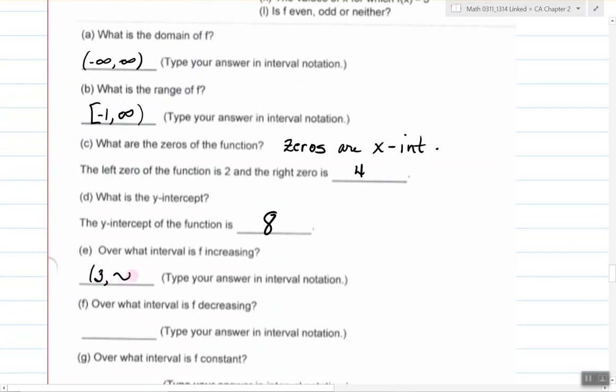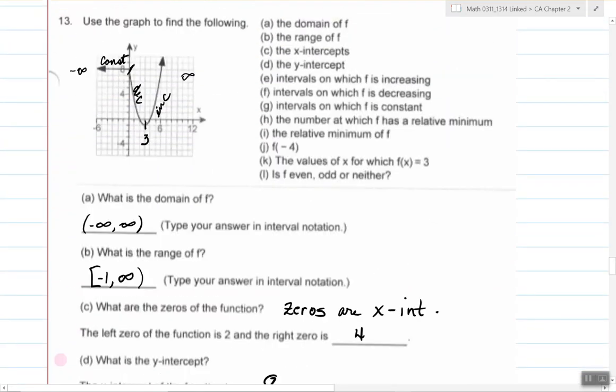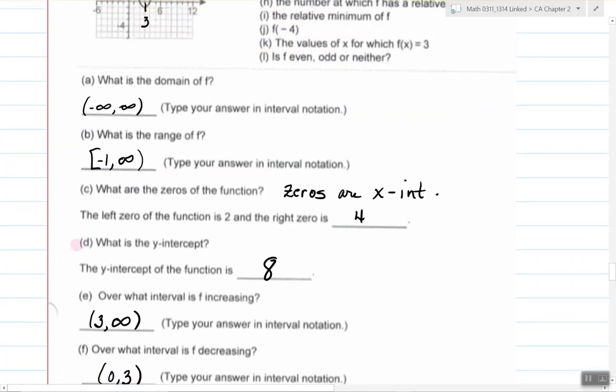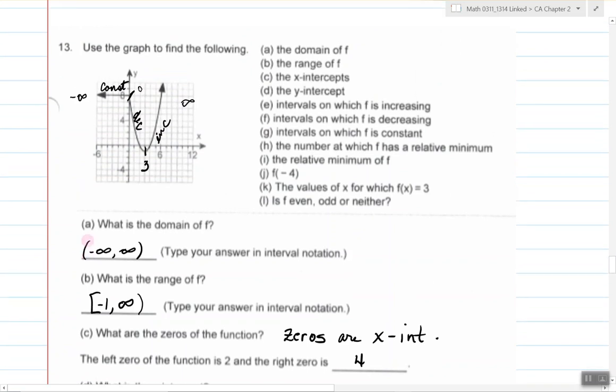3 to positive infinity. Decreasing. It is decreasing from x equals 0 till x is 3. Constant. It is constant from x out at negative infinity until x hits 0.